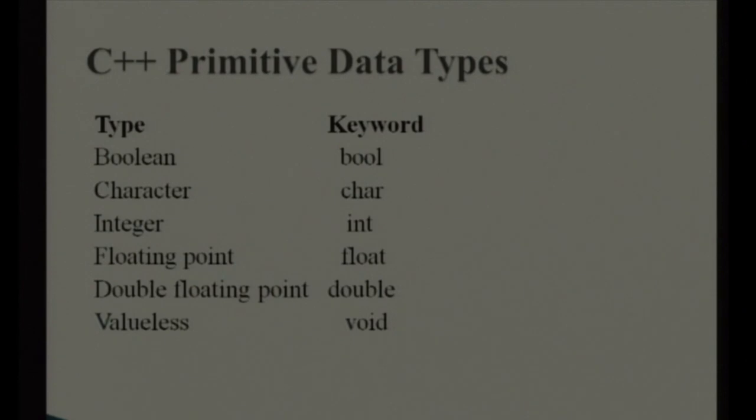Boolean is used for storing values which are either true or false. Boolean has only two values, 0 or 1, true or false. And then character, and there are different character sets, different kinds of coding systems available for representing characters. The very popular coding system is ASCII.